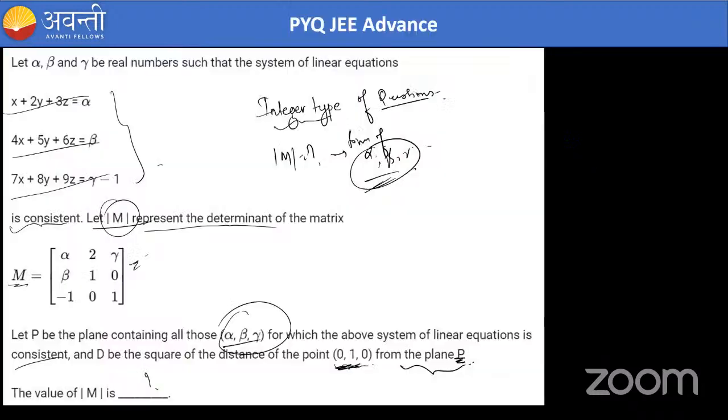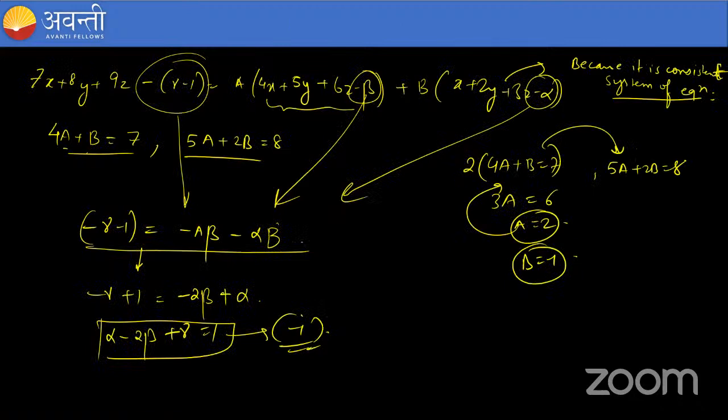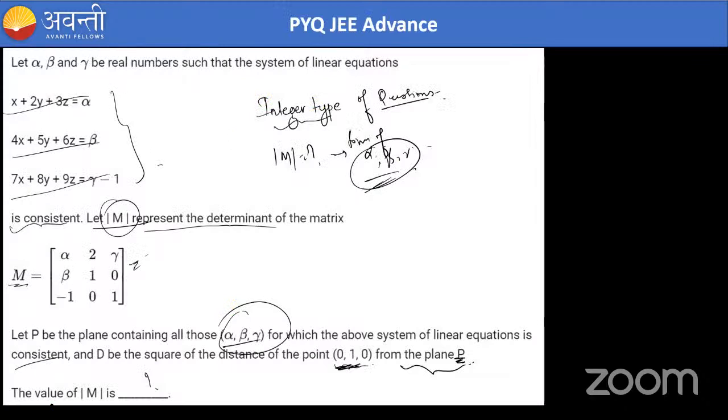So the trick to this question was, first of all, since this system of equations is consistent, we can write, let us say that this is L1, this is L2, this is L3.